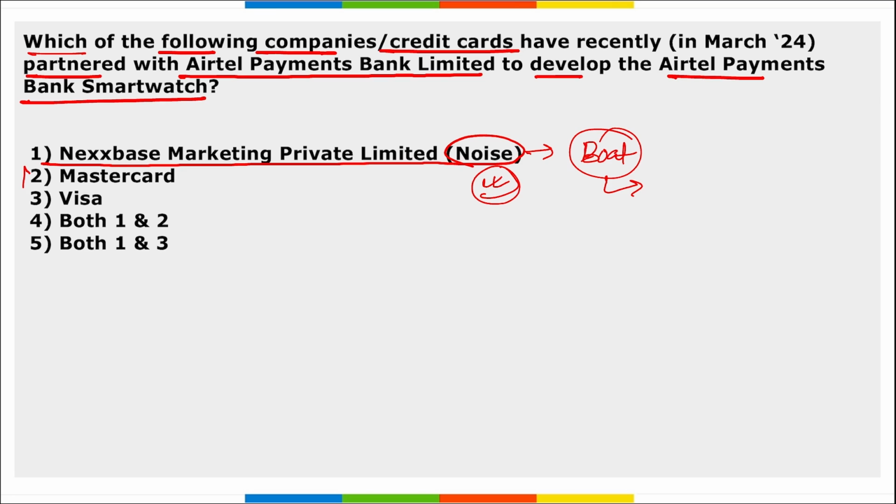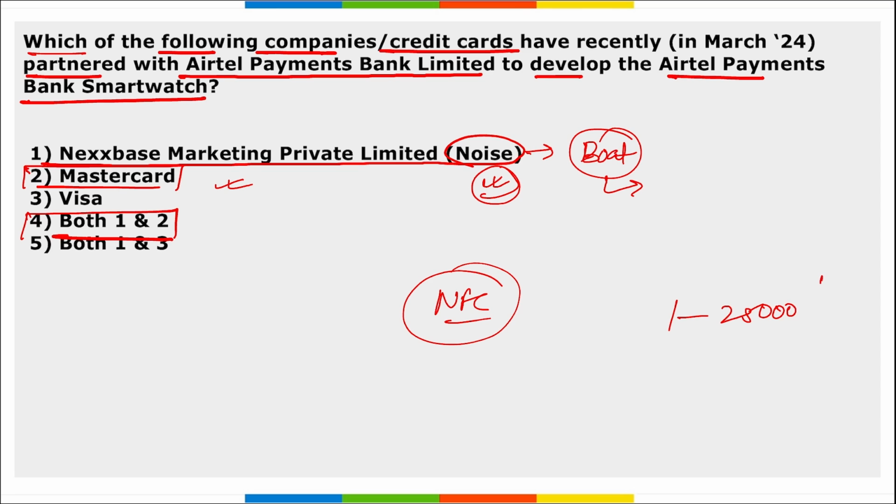So Noise and MasterCard, these two organizations have partnered together with Airtel Payments Bank Limited to develop an Airtel Payments Bank smartwatch, right? Take a note of this. And this smartwatch is equipped with NFC technology also, that is near field communication technology, that will be powered by MasterCard. And the limit for the transaction that a customer can make is between 1 to 25,000 rupees per day.